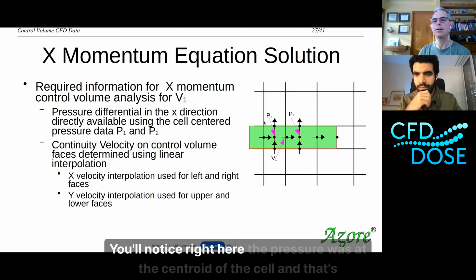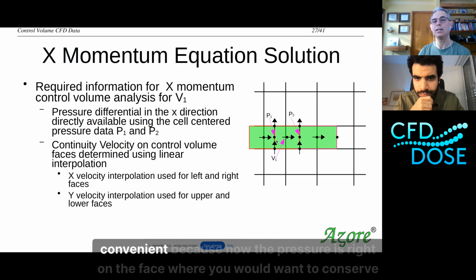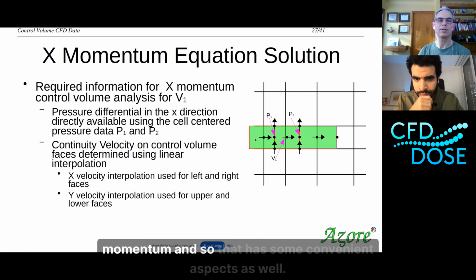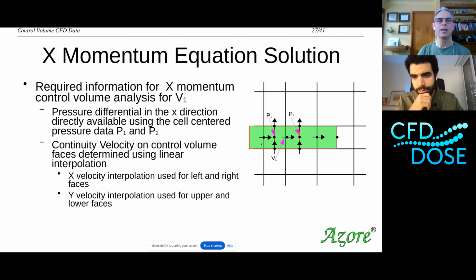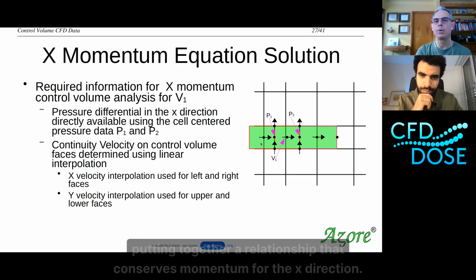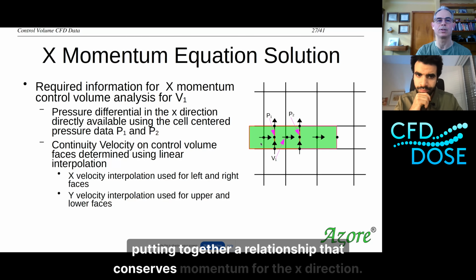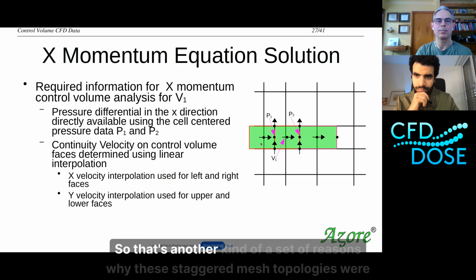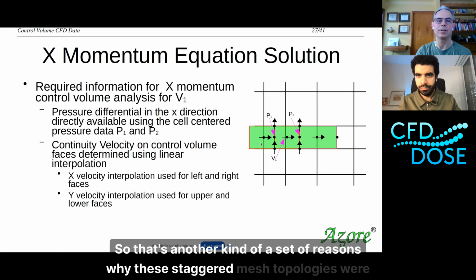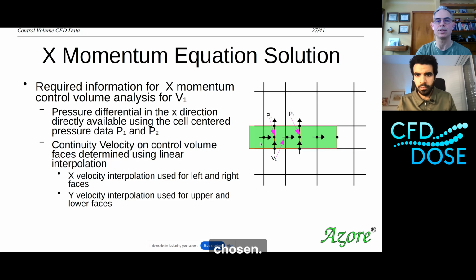You'll notice right here the pressure was at the centroid of the cell, and that's convenient because now the pressure is right on the face where you would want to conserve momentum. That has some convenient aspects in terms of putting together a relationship that conserves momentum for the x direction. So that's another set of reasons why the staggered mesh topologies were chosen.